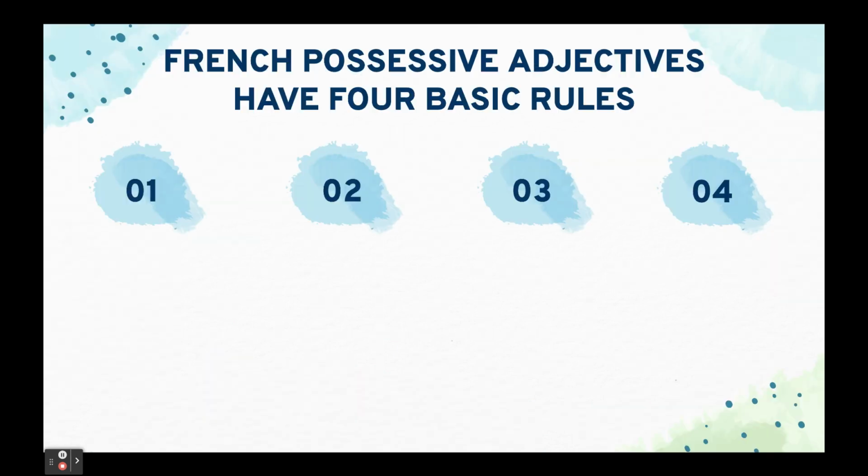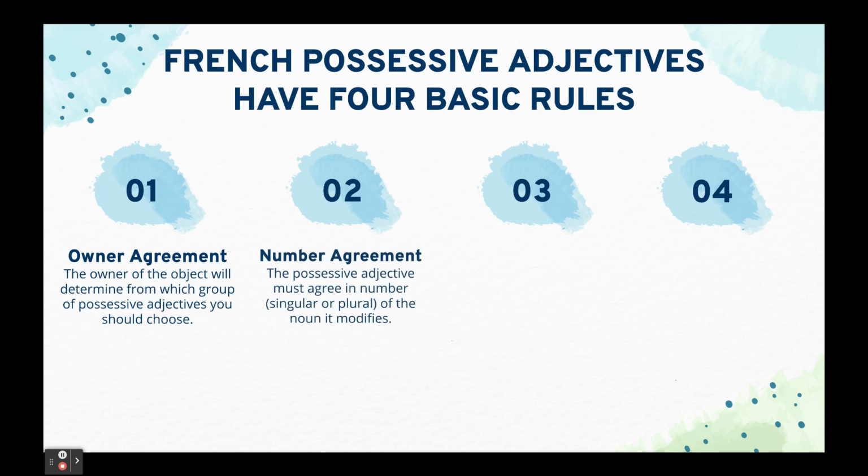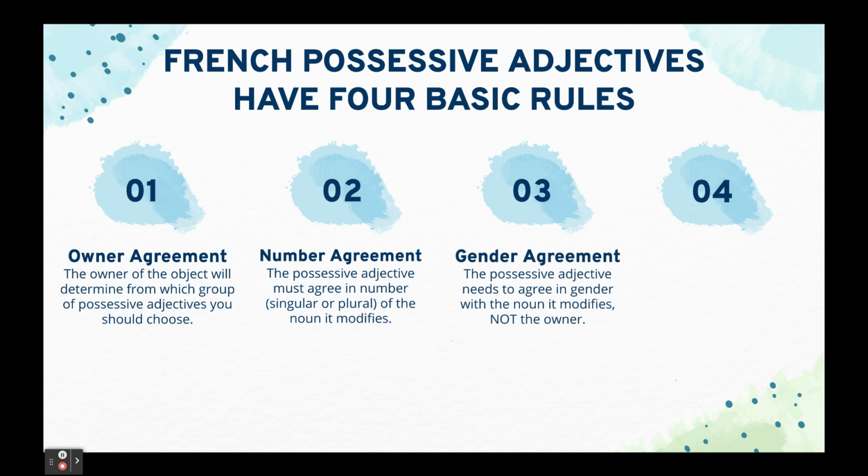French possessive adjectives have 4 basic rules. First rule is owner agreement. The owner of the object will determine from which group of the possessive adjectives you should choose. The second rule, number agreement. The possessive adjective must agree in number, be it singular or plural, of the noun it modifies. Rule number 3, gender agreement.